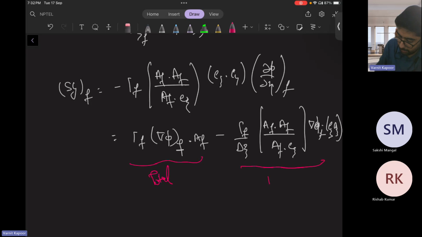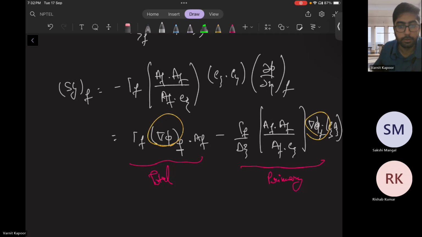This was your primary. So that is your SGF, secondary gradient. Okay. The question is how you will calculate this gradient of phi. So we have transformed our problem of secondary gradient into calculation of gradient of phi on the particular phase.